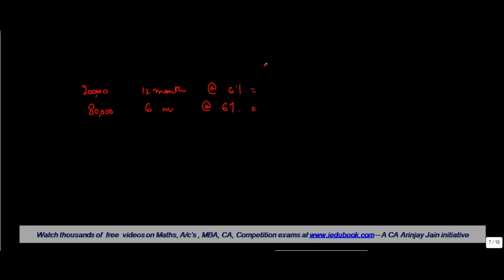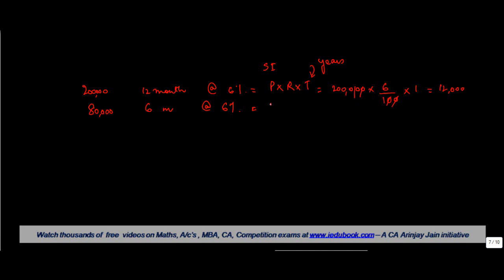So how do you calculate interest? Simple interest, principal into rate into time. For 200,000 the rate is 6%, so you divide 6 by 100 into time. It's for 12 months, so you can write it as 1 year. This time has to be in years. This goes off with these two, so it comes to 12,000.